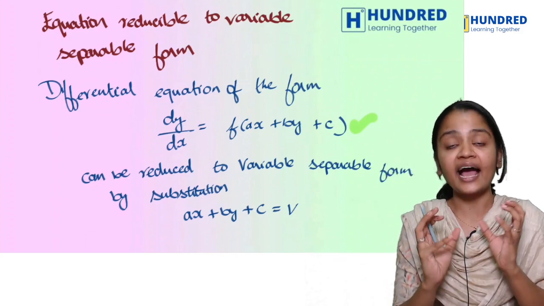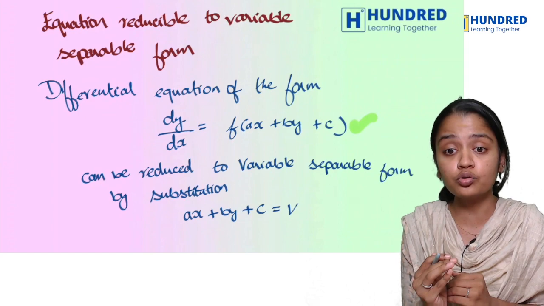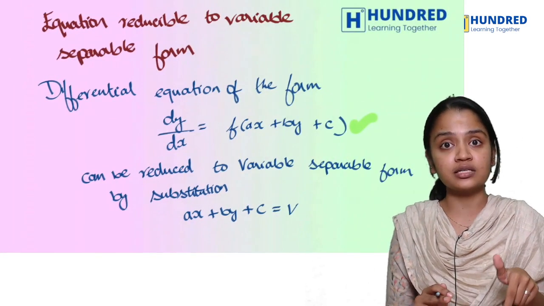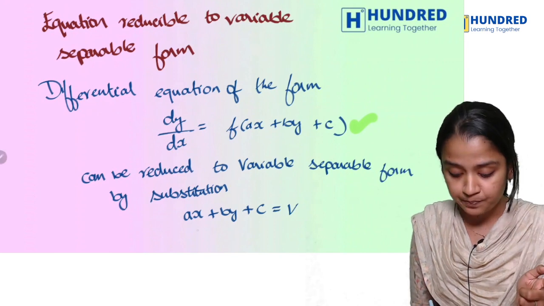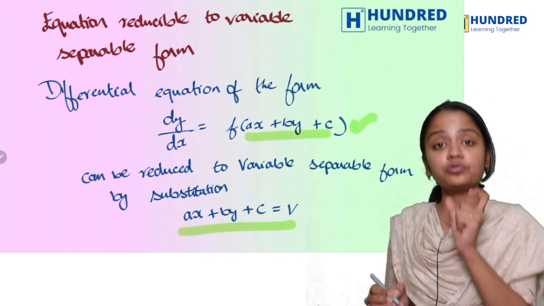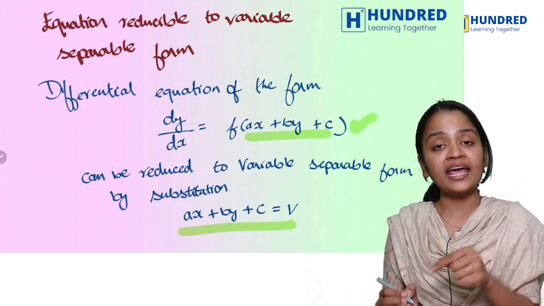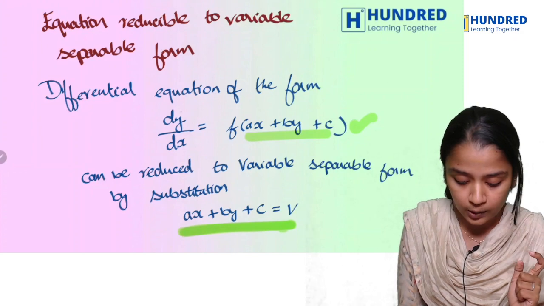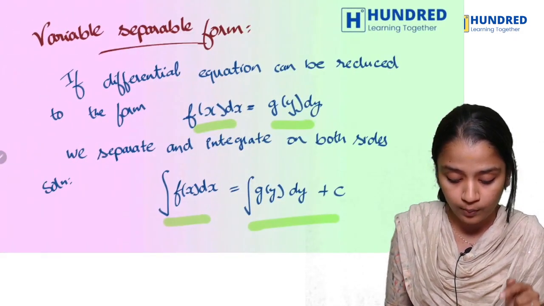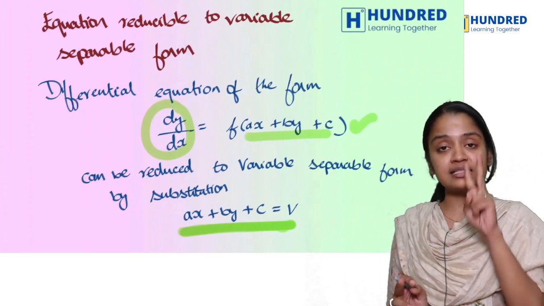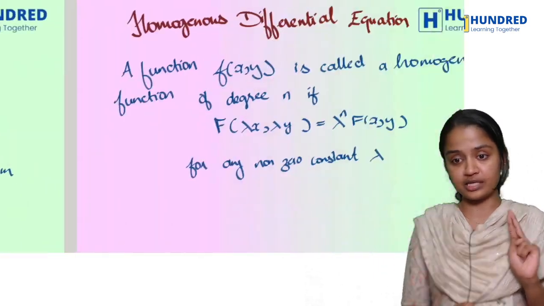Here I am able to reduce it to variable separable when I substitute the whole thing, ax plus by plus c, as v. Then I will be able to come to the form of the variable separable method. So this is kind 2 of solving differential equations.